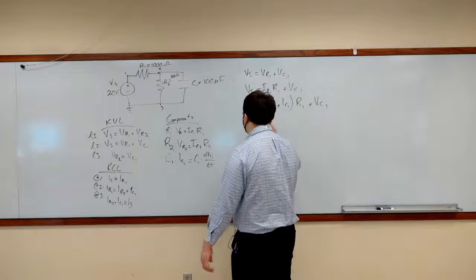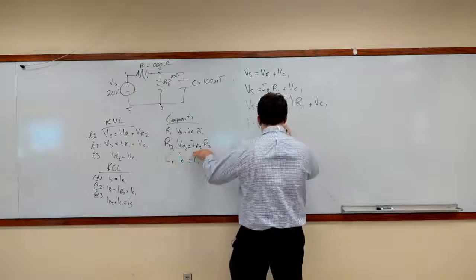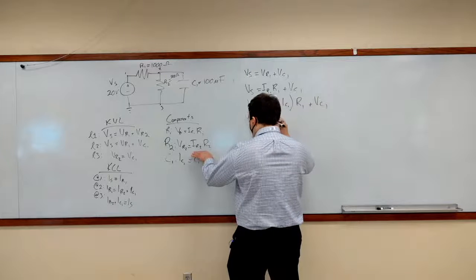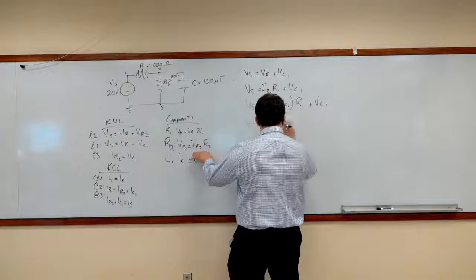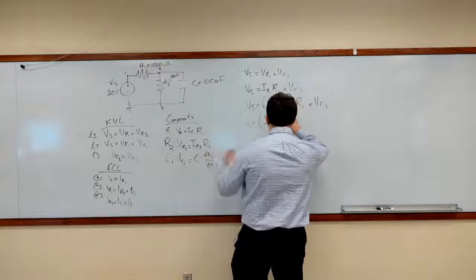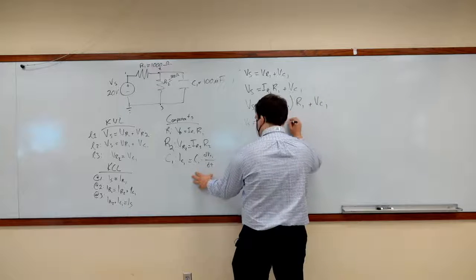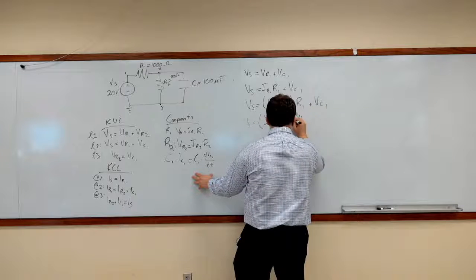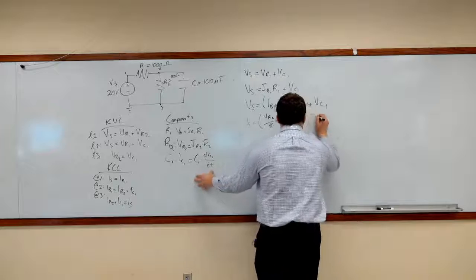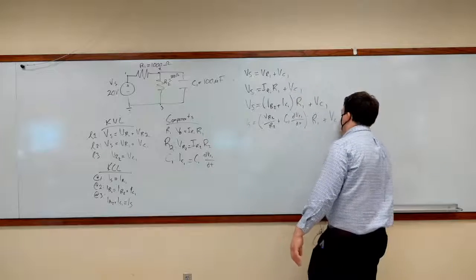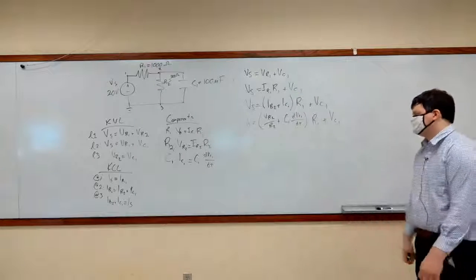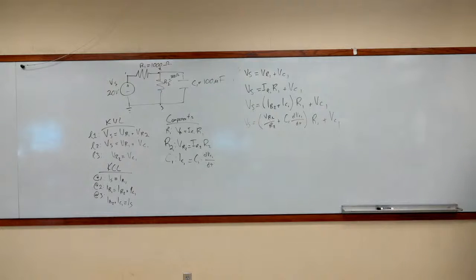Vs is equal to IR2. If we solve for IR2, it would be equal to VR2 over R2 plus, and I'm also going to plug in this for IC1: C1 dVC1 dt, times R1, plus VC1. Okay, now we have a VR2 in there.